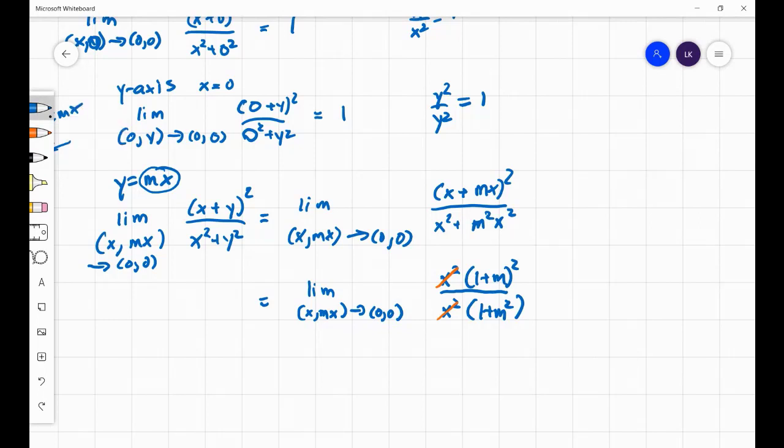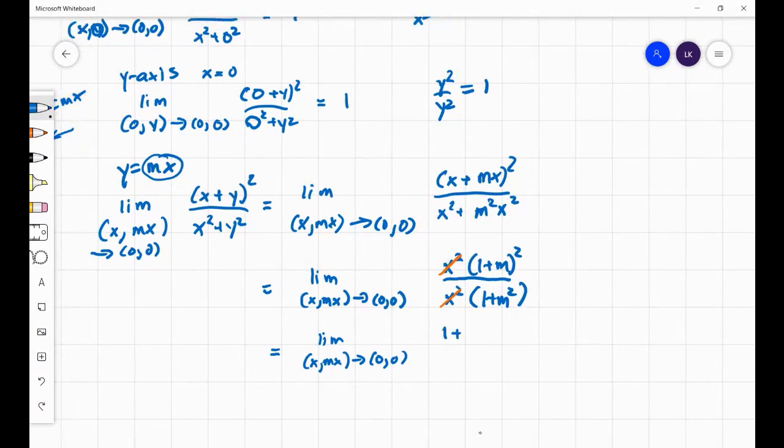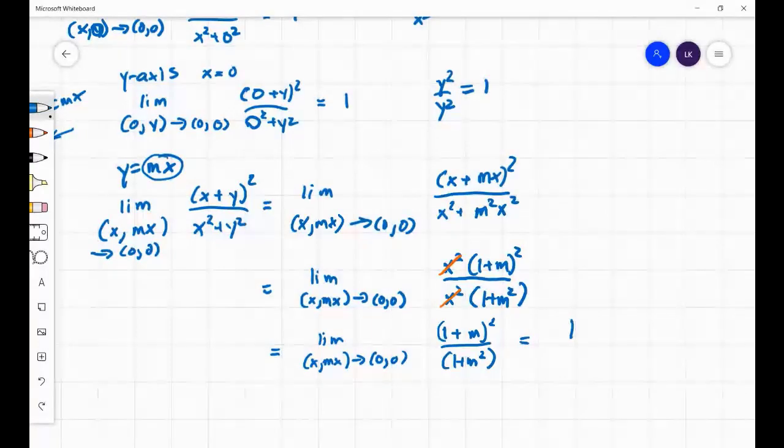And now notice we're taking a limit of an expression that does not involve x. As far as the limit is concerned, as x goes to 0, m doesn't care. It's its own little thing, like a constant as far as taking the limit is concerned. So we get a limit which depends on the slope.